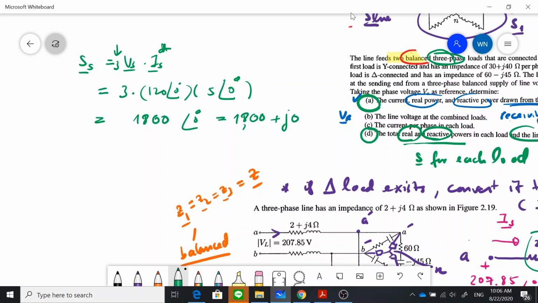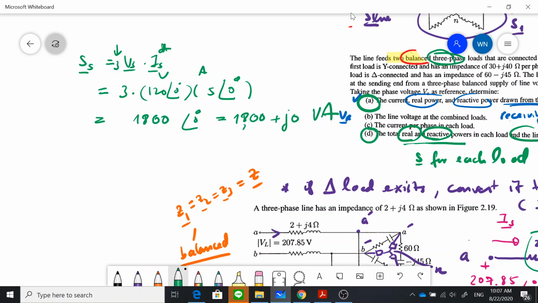What's the unit of this? Remember, in this subject it's very important that you write the unit all the way, otherwise you will get confused. This is in volt, this is in amp, so the multiplication of these two, the unit of S is VA.